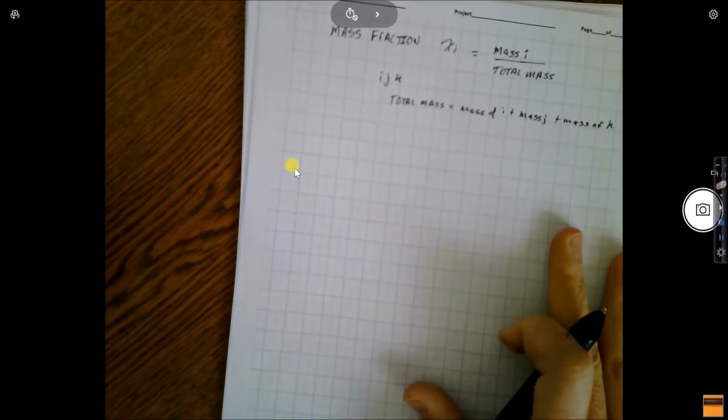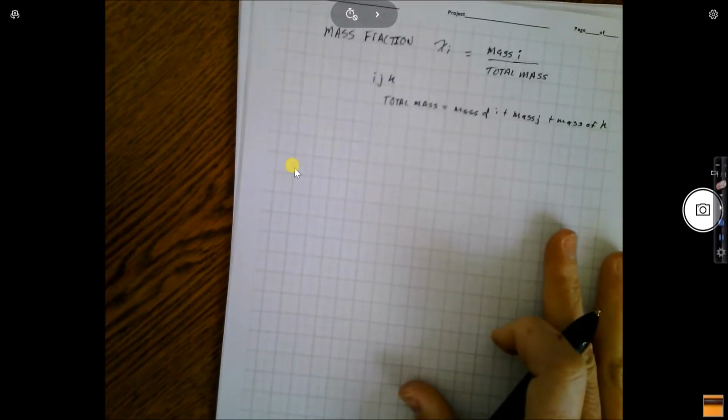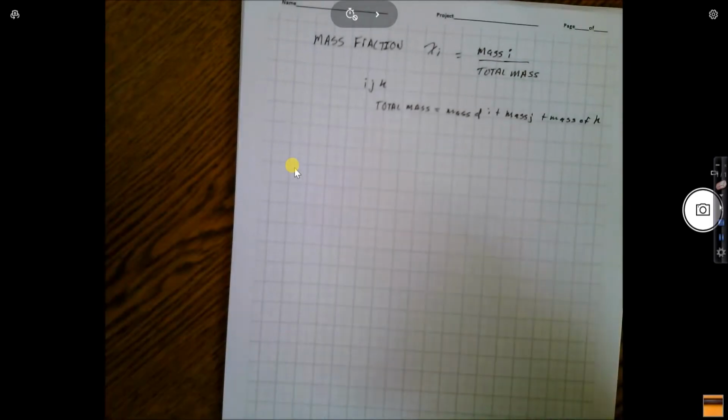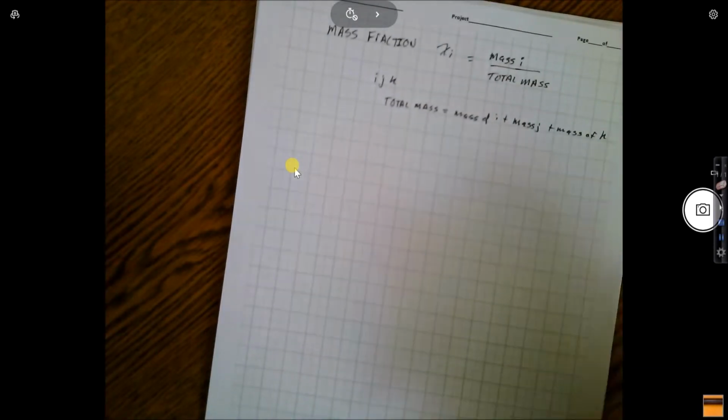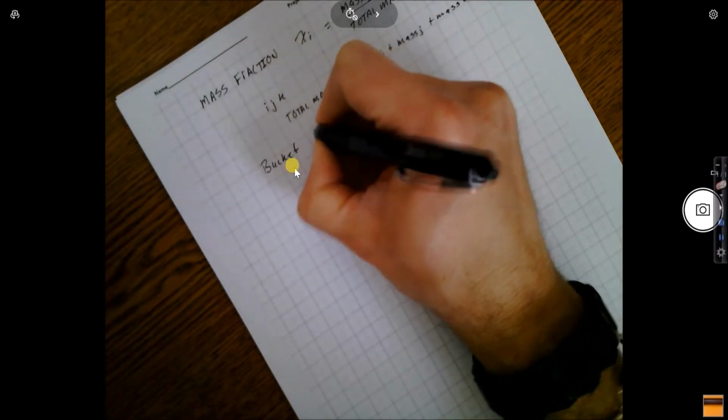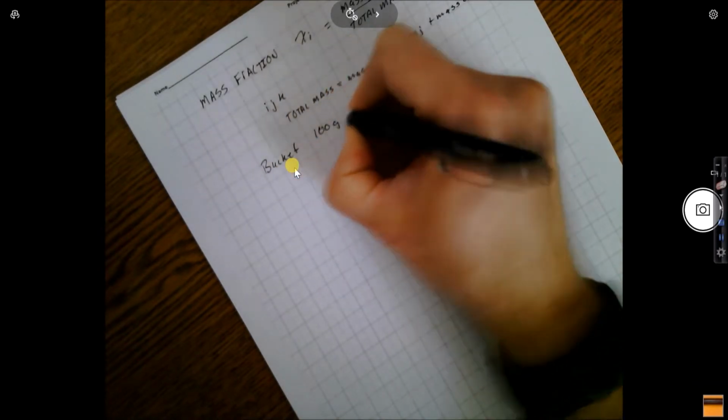I'm going to do it in a little different way than I've done before. Let's start off with the simple one. I have a bucket, and the bucket has 100 grams of stuff.